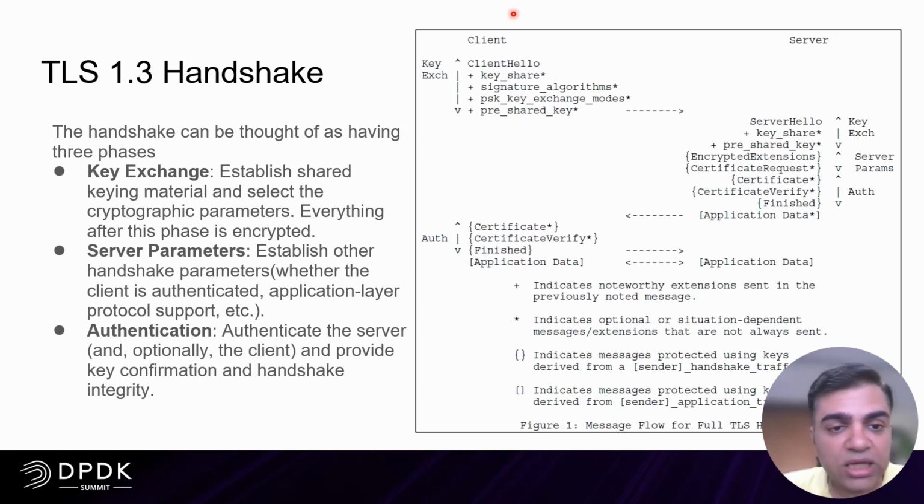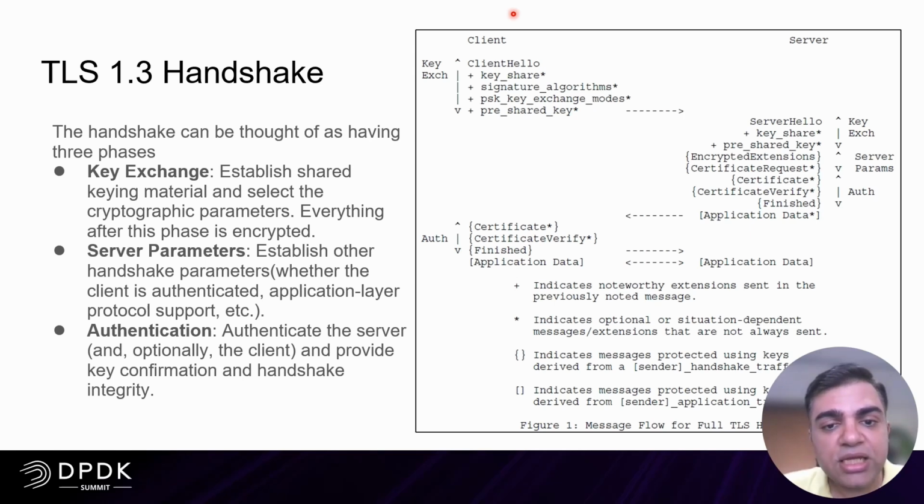Now, finally, the third phase, client and server exchange authentication messages. The server sends the certificate of the endpoint and any per-certificate extensions. Then a certificate verify message is sent.